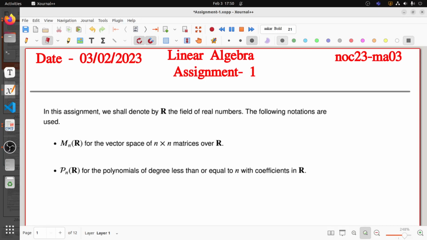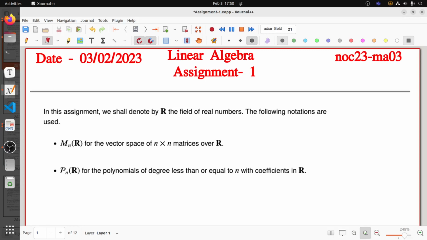So we have to compute the determinant of this. We know p1 plus p2, what will be the determinant? It will be a naught plus b naught, right? So this is p1 and p2 is b naught plus b1x plus b2x squared plus b3x cube. Then this will be the determinant, right?